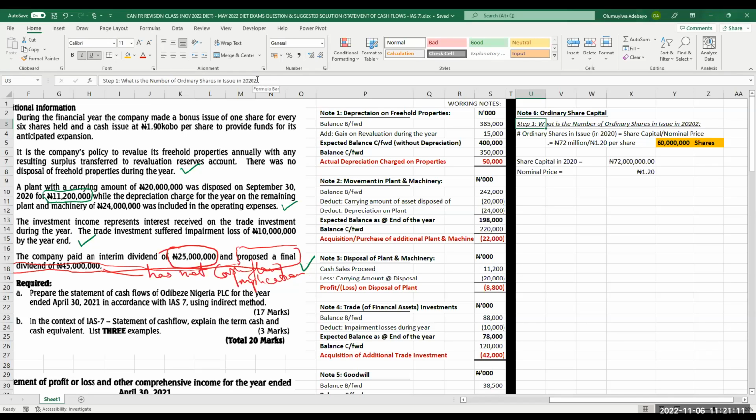That's step one. Step two is what is the number of bonus shares issued in 2021.